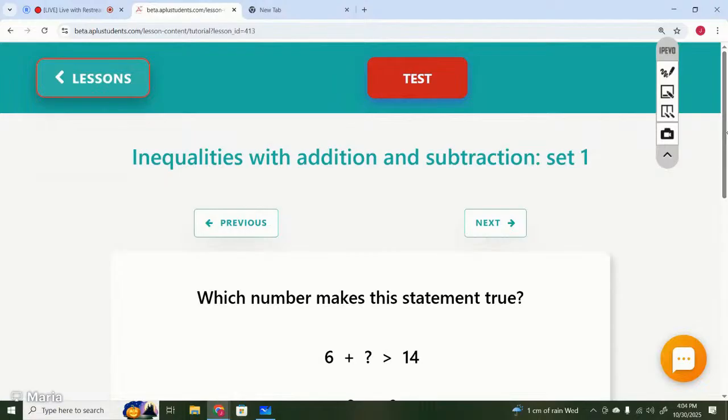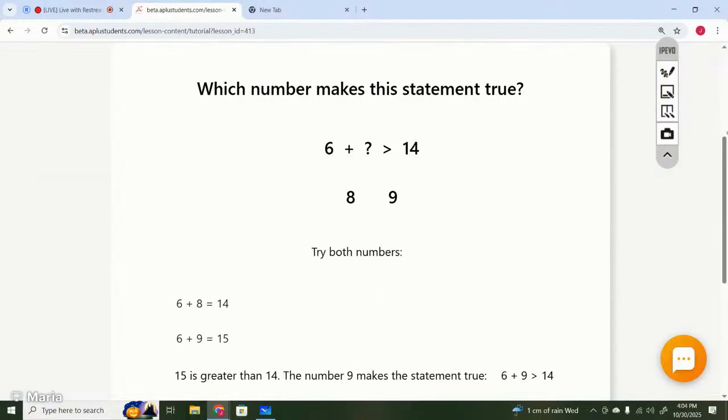Which number makes this statement true? 6 plus the missing number is greater than 14. So we are given two of the options, 8 and 9, right? Let's just put them one by one.